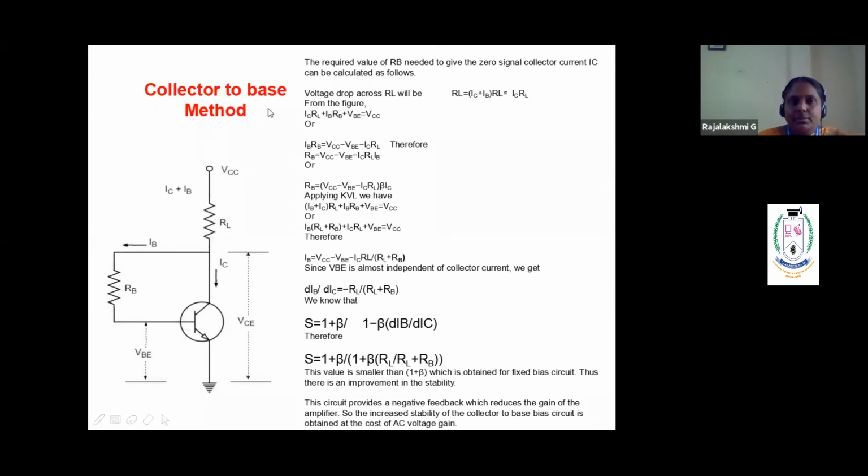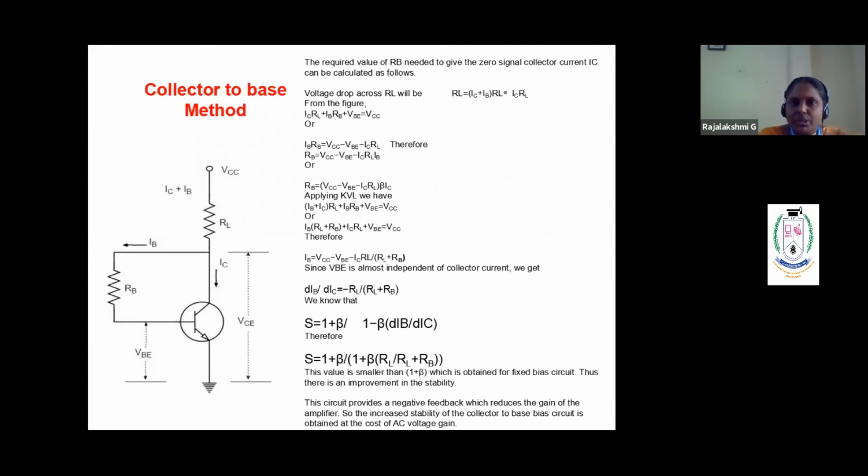Here again we always choose the base resistor RB in such a way that we achieve some stability in the circuit. The required value of RB to give the zero signal current IC can be calculated.